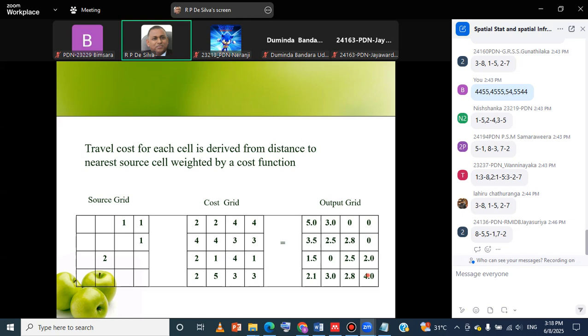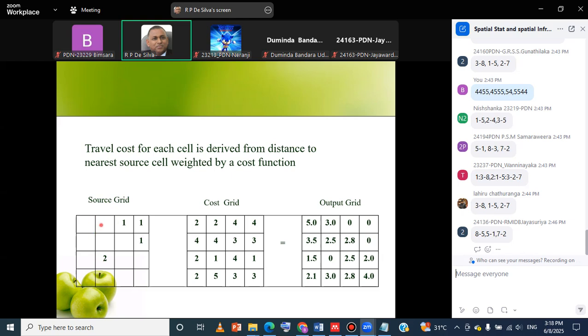Now, depending on the cost grid, in this example it won't happen, but depending on the cost grid, your nearest source grid may be different. Now, from this cell, you went to the nearest cell, this one. But now, according to the cost grid, the output value or the nearest lowest cost would be to go to this source rather than going to here.